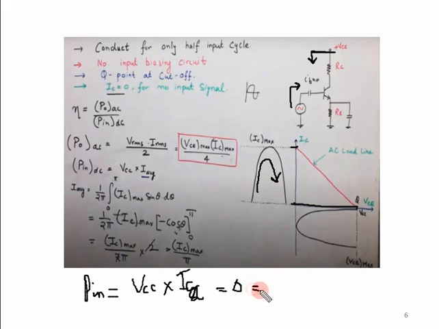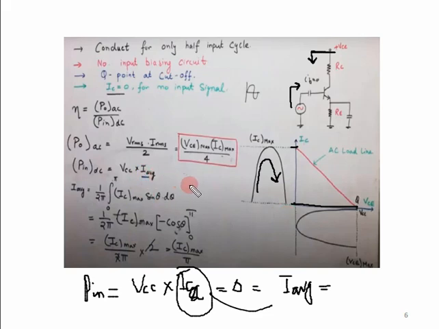Instead of this IQ, I would replace this term by I average. By average I mean that it will give me a good solution: what is the average conduction of the current in the class B amplifier.